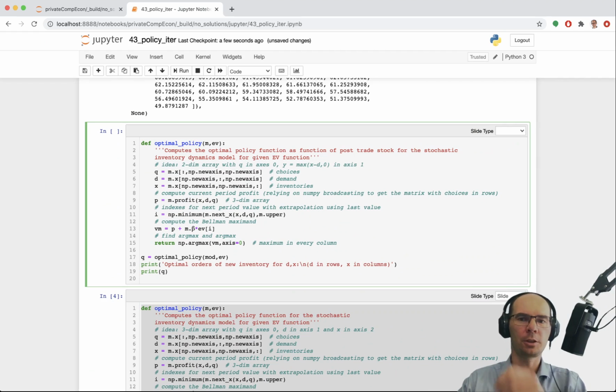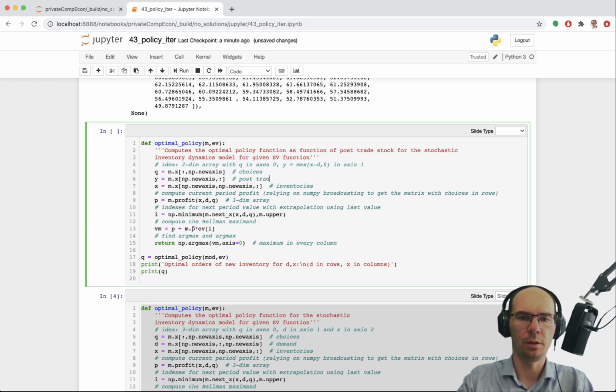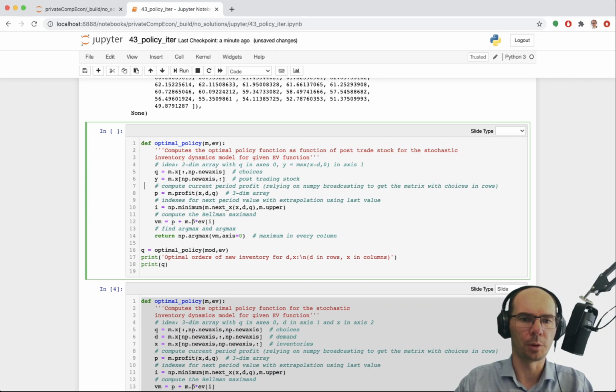So it's going to be a function of y only, and we have to bear in mind what this y is. This is post trading stock. X we don't need anymore. Compute current period profits. Okay, we don't have that, right?